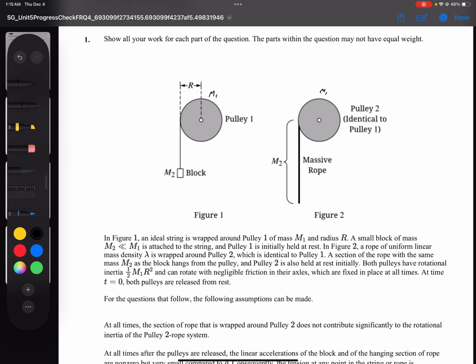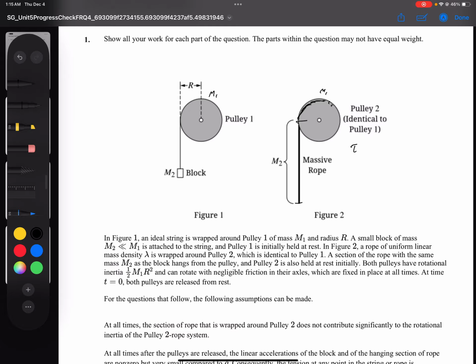So as M2 is falling, it's exerting a torque with a force equal to m2g times the radius of the wheel. But because the rope is massive, this chunk of rope has a mass m2, but then there's some more rope over here, right? So as this wheel starts to unroll, the torque being exerted on pulley 2 is increasing, right?